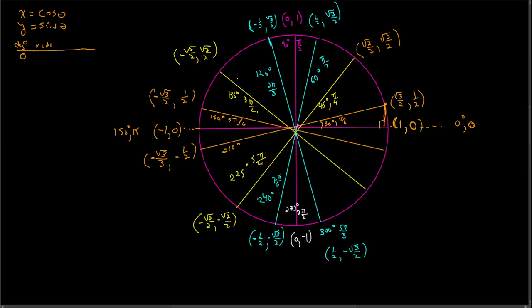We come to the next bisecting 45-degree angle. And so this is 315 degrees, or 7 pi over 4. Cosine is positive, root 2 over 2. Sine is negative, root 2 over 2.